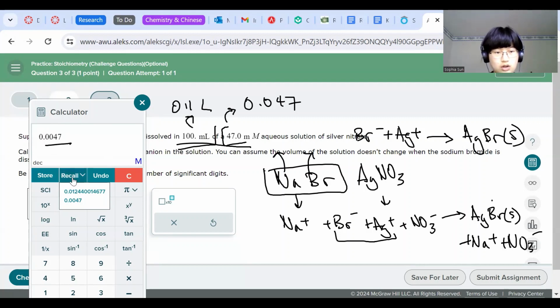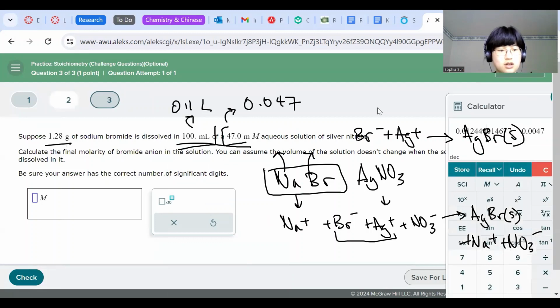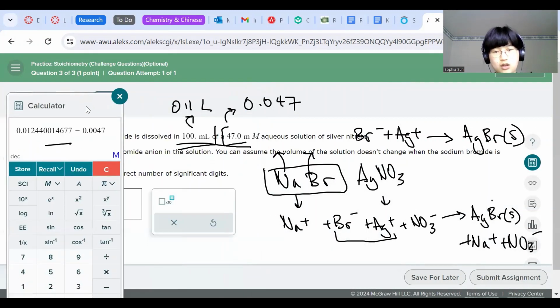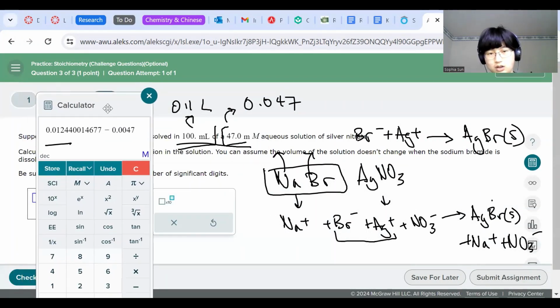So we can subtract the silver cation from the bromide anion to find the excess bromide anion remaining, which will then give us the final molarity after we divide by the 100 milliliters of solution.